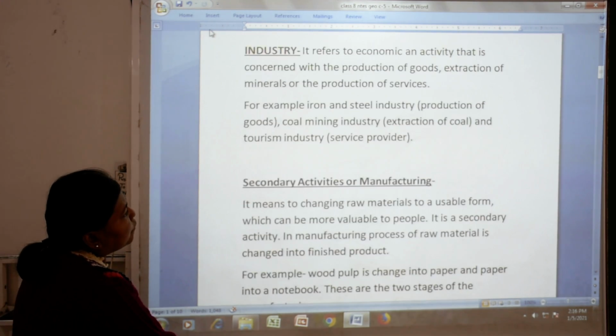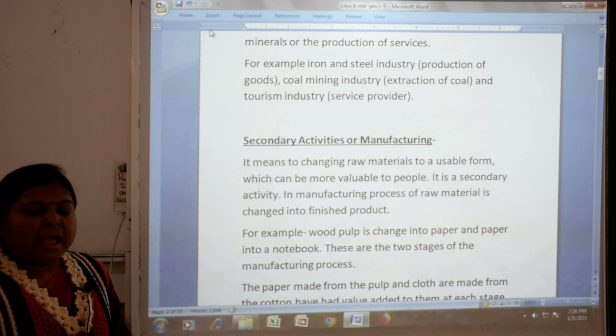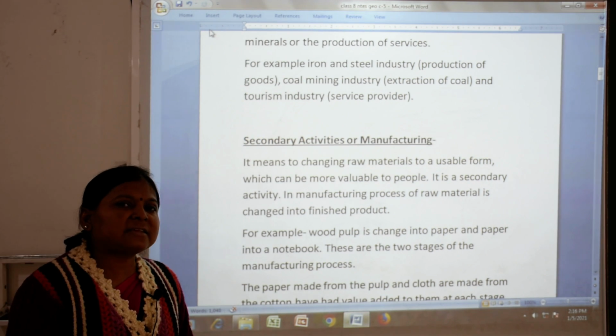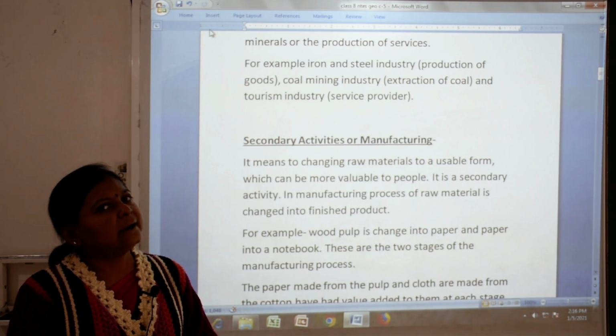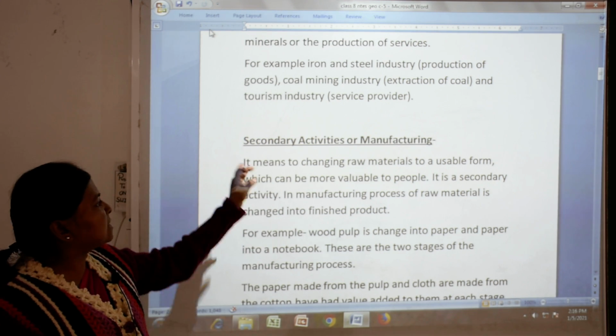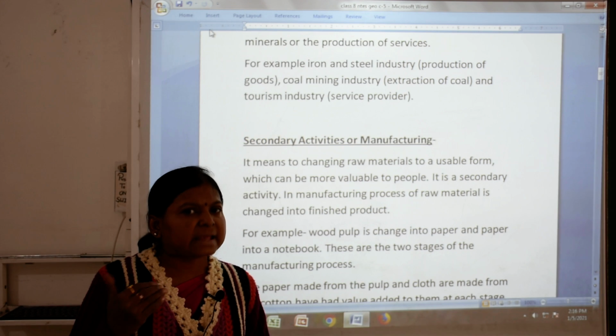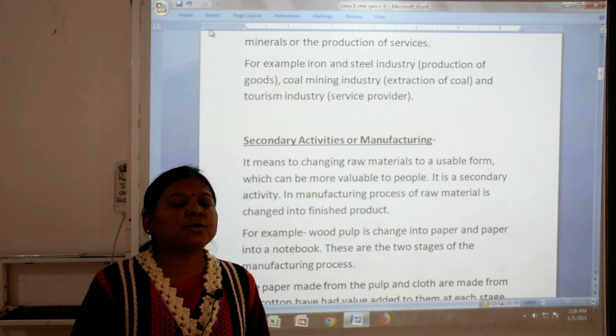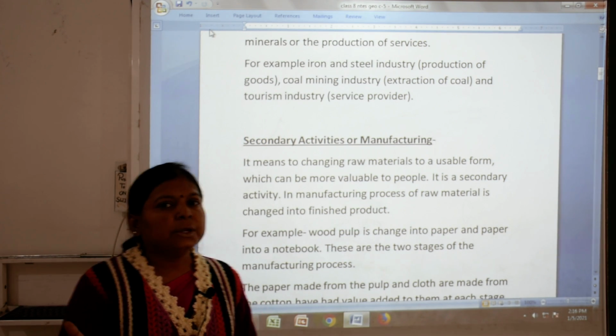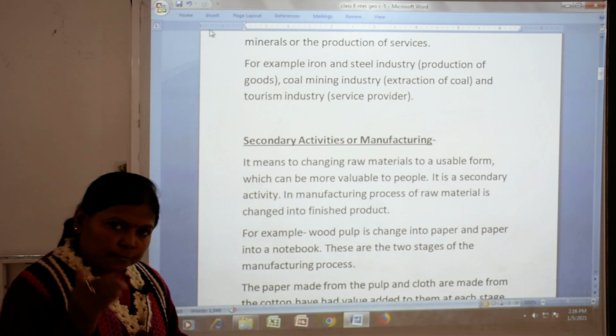Now, what is called manufacturing? As you know, there are three steps: primary, secondary and tertiary. The secondary activities come under manufacturing. So, we also call secondary activity manufacturing. What are we doing?